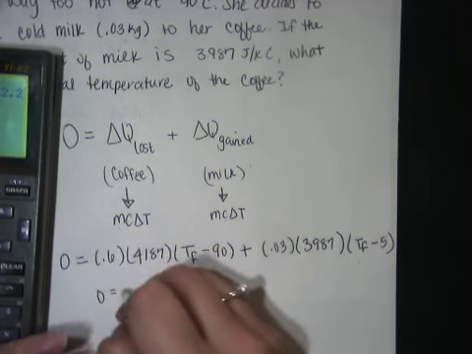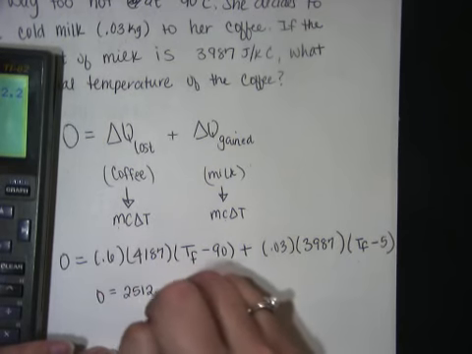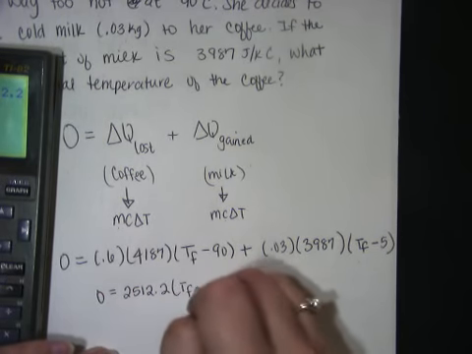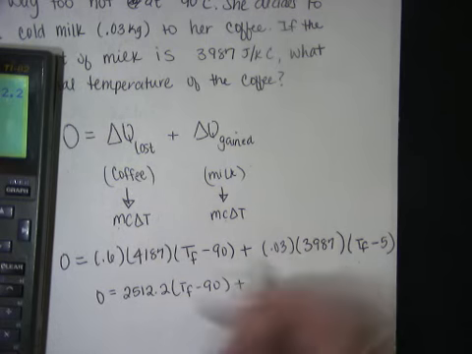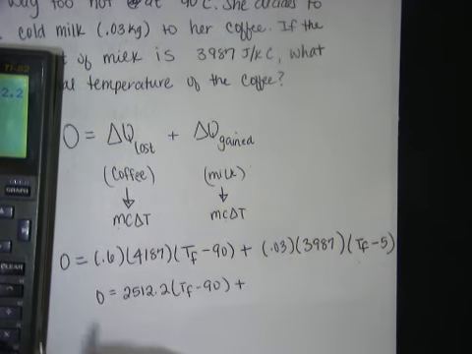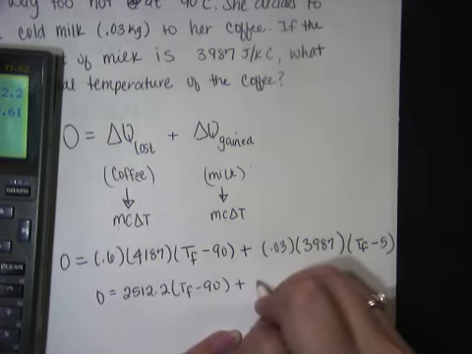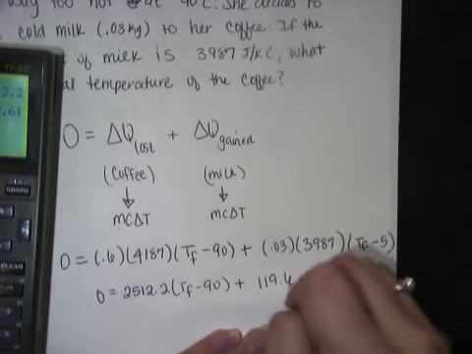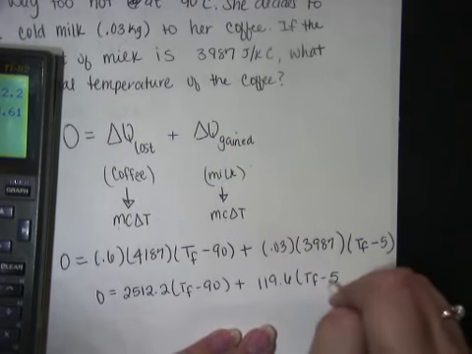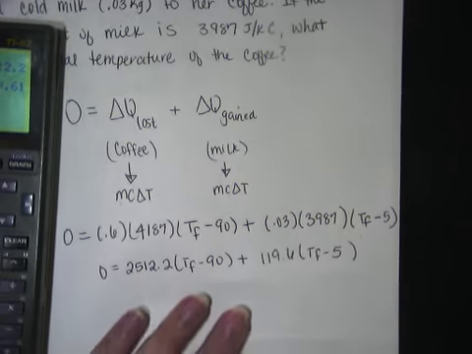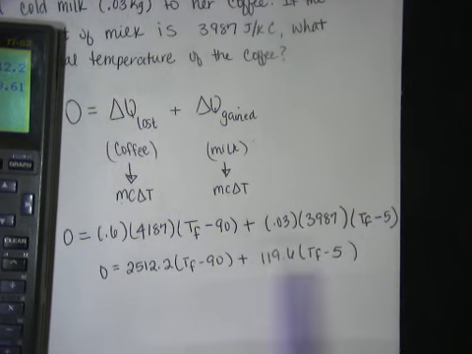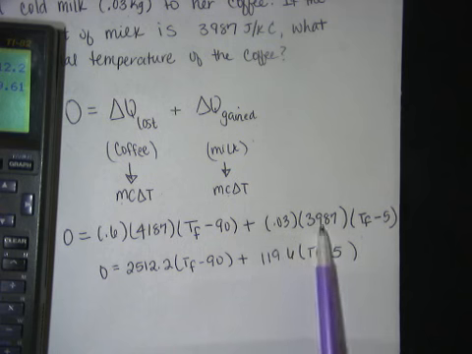So I've got 0 equals 2512.2 TF minus 90 plus 119.6 TF minus 5. Okay, so all I've done is take this long equation here and simplified it a little by multiplying those two numbers.